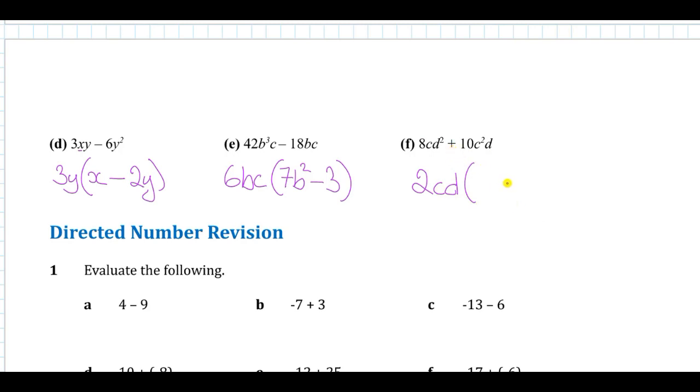There's a plus in the middle. To get D squared from CD, I need to multiply by another D. 2 times 4 is 8. 2 times 5 gets me the 10. I've got a C and a D. I need another C to complete the expression.